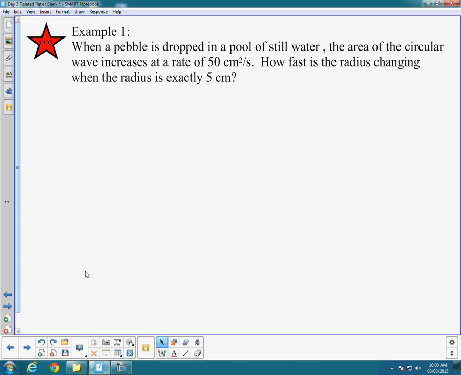The rate of change at the beginning is different than the rate of change at the end. So you'll notice that this question isn't just asking how fast the radius is changing, but at a specific time, a snapshot. In this case, it's when the radius is exactly 50. Tell me how fast it's changing then. Not at the beginning, not at the end, just tell me how fast it's changing then. Okay?